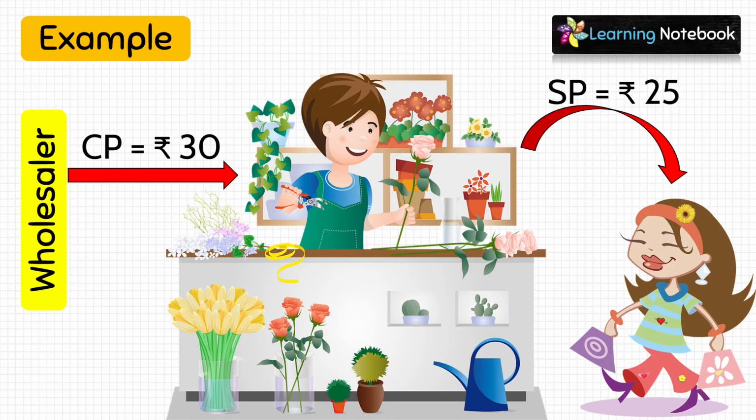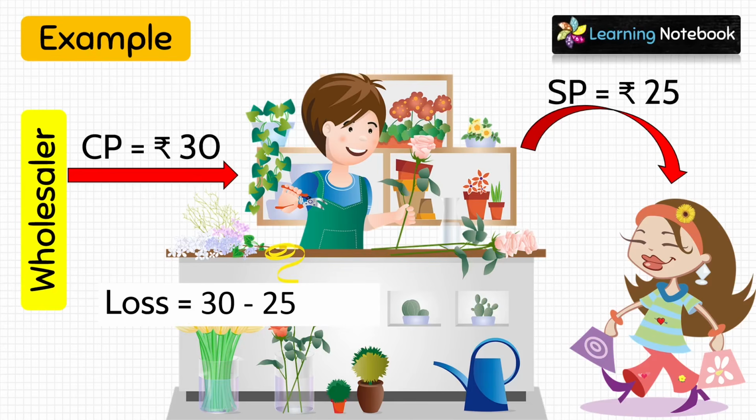So here this shopkeeper has suffered a loss. Why? Because the selling price is less than the cost price. And how do we calculate loss? Cost price minus selling price.